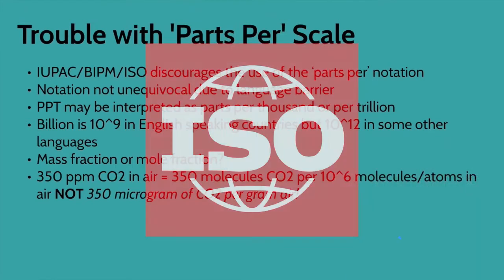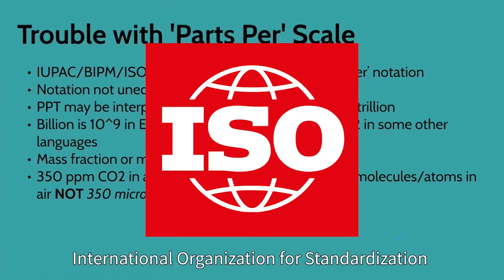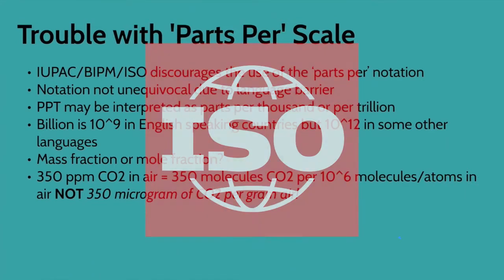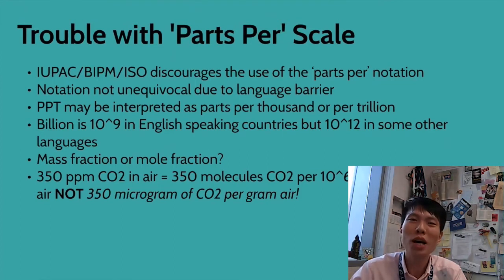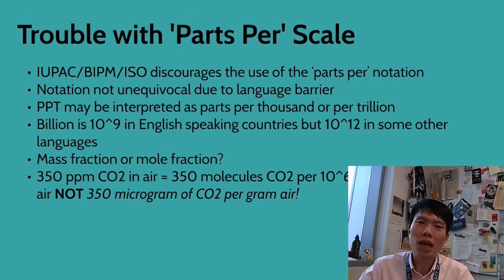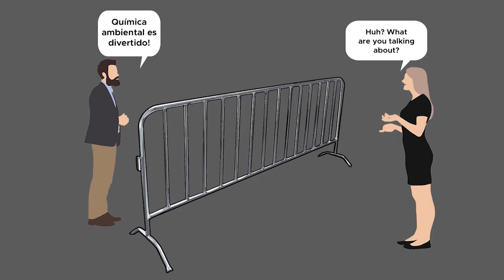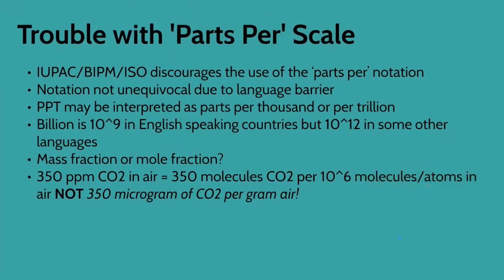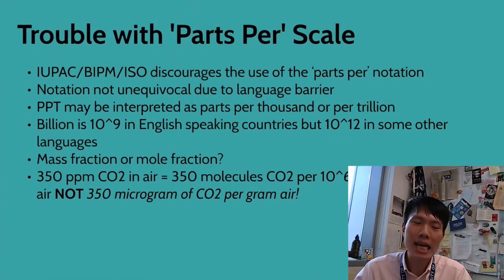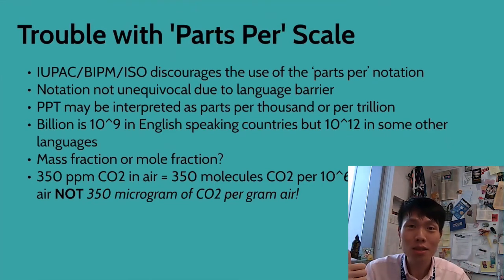And ISO, the International Organization for Standardization, discourage the use of parts-per notation, meaning ppm, ppb, parts per million, parts per billion. Why is that so? Because these notations may not be unequivocal due to language barriers. PPT, to people who don't do science, means PowerPoint, but in science it could be parts per thousand or parts per trillion, which differ by a lot.